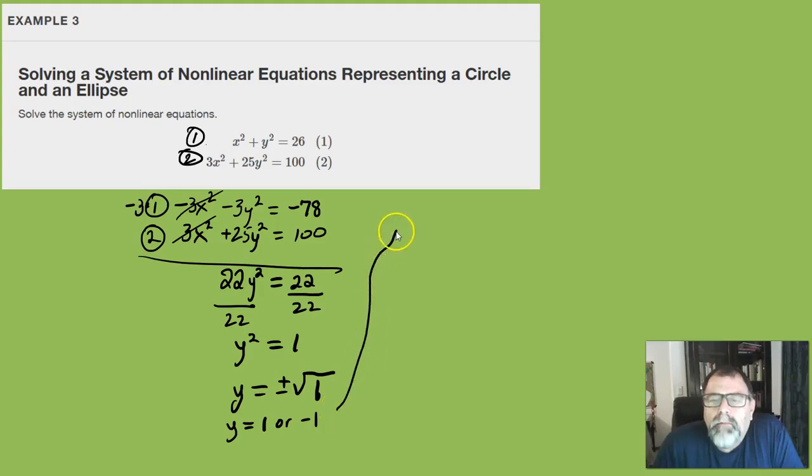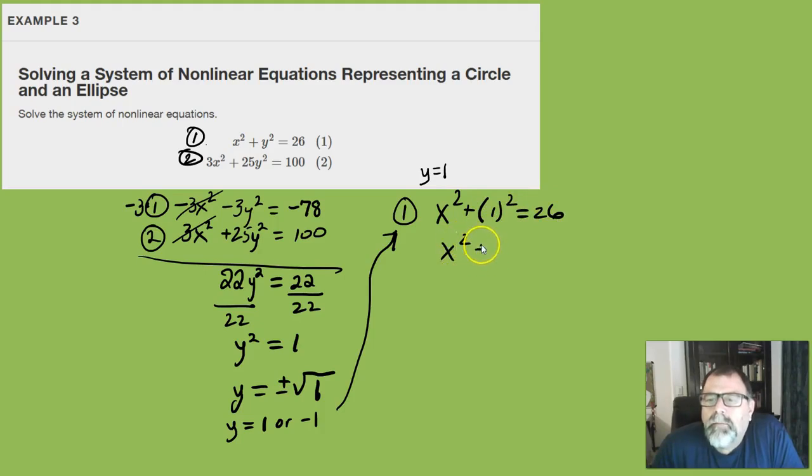Now we're going to plug it back into equation 1, and we put in x squared plus y squared, and notice it doesn't matter if I use 1 or negative 1. From here it'll be the same thing. So if y equals 1, you're going to get x squared plus 1 squared equals 26.